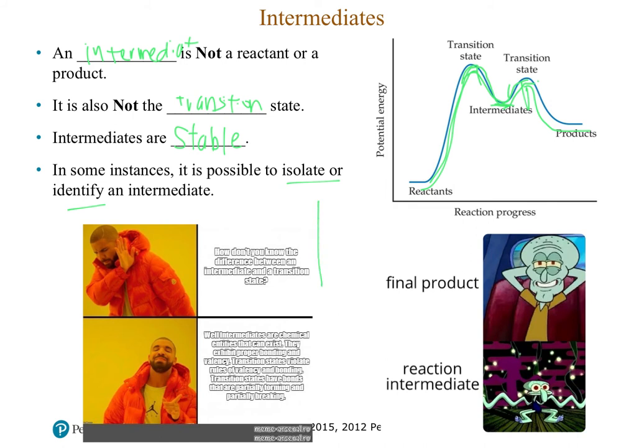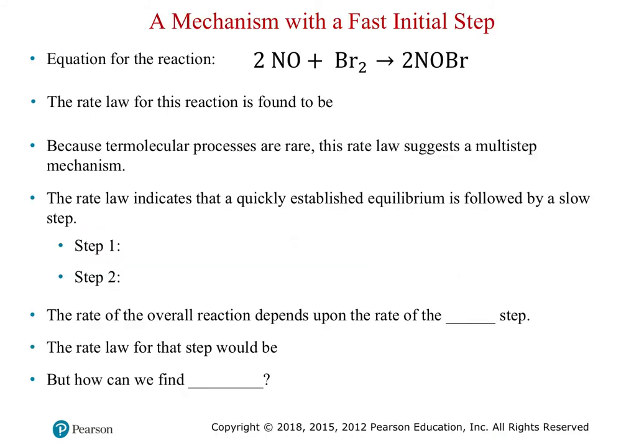For something that has a slow second step, which we're going to talk about in just a sec, it might look something like this, and then a large second step. So I'll talk a little bit more about that in a minute. Now we're going to focus on what happens in a mechanism that has a fast initial step.